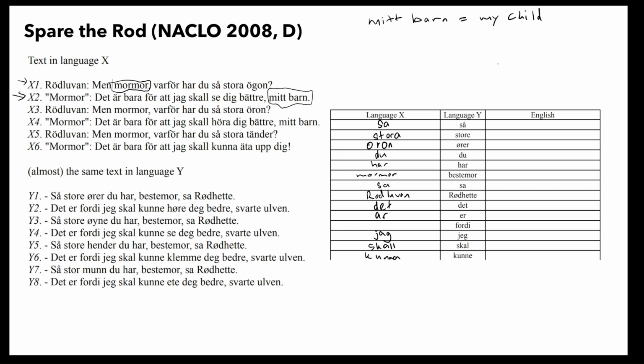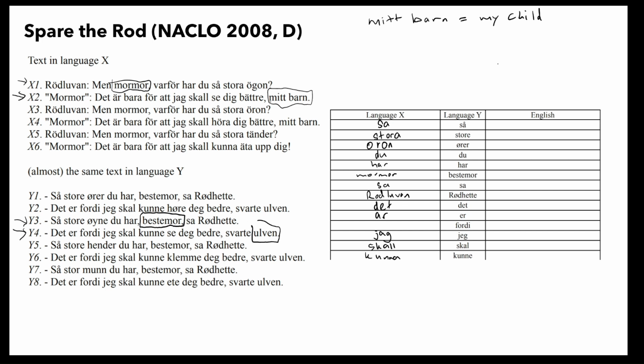Okay? Let's go to X1 and X2 equivalents in our Y, which I believe were Y3 and Y4. Again, Rodet is now asking Bestimor a question. No question mark here. So, Sastore one du ar. And then Ulven is replying, saying, Det for the jeg skal kunne se deg bedre, svarte Ulven.